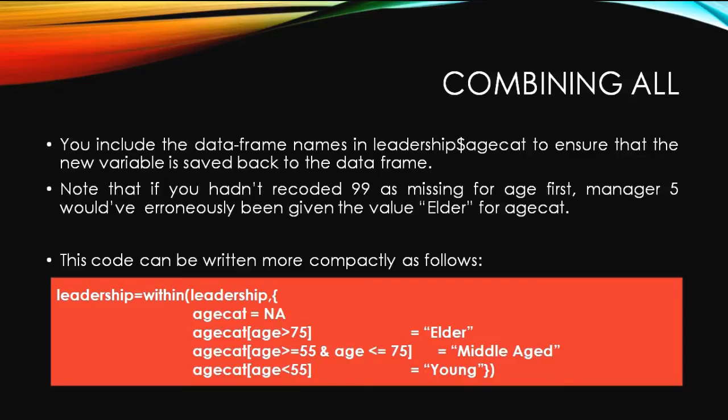This is how you can write: leadership equals, this is the name of the data frame that I'm about to create, equals within, within leadership, comma, curly bracket, age_cat equals NA, then age_cat square brackets, age greater than 75 square bracket close equals elder, and age_cat age greater than 55 and age less than or equal to 75 equals middle aged, and age_cat where age is less than 55 equals young.